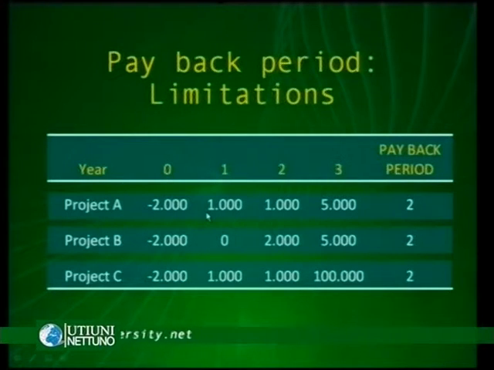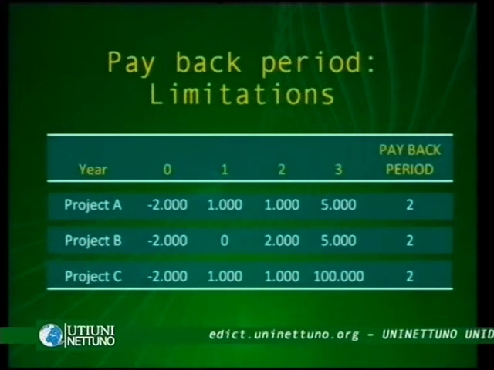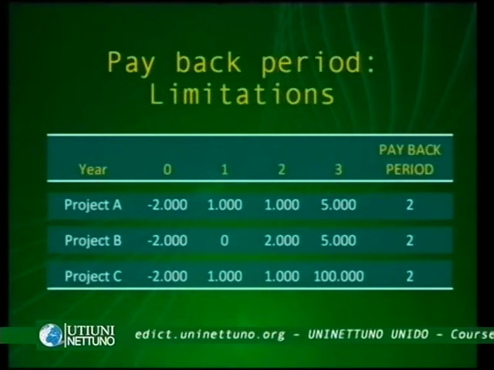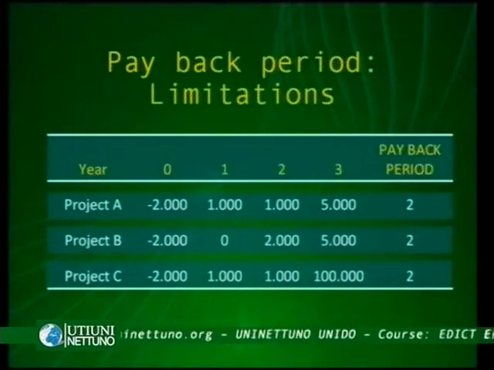However, apparently, just looking at the payback period, the decision maker could be indifferent between the projects. So the 3 projects would be equivalent, and if you had to choose, you have no clear indication about which project you should choose. However, it's clearly understandable that the 3 projects are very different, and that in particular, project C is much more convenient than the other ones.